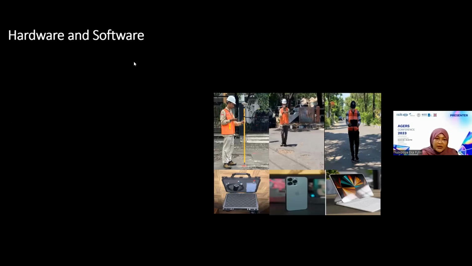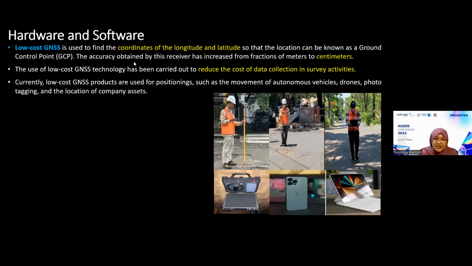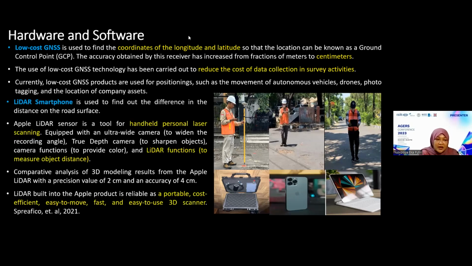This is hardware and software. First one is low-cost GNSS. This can find the coordinates of longitude and latitude, and can reduce the cost of data collection in survey. The second one, we use the LiDAR smartphone that can handle personal laser scanning with ultrawide camera and LiDAR function to measure object distance.